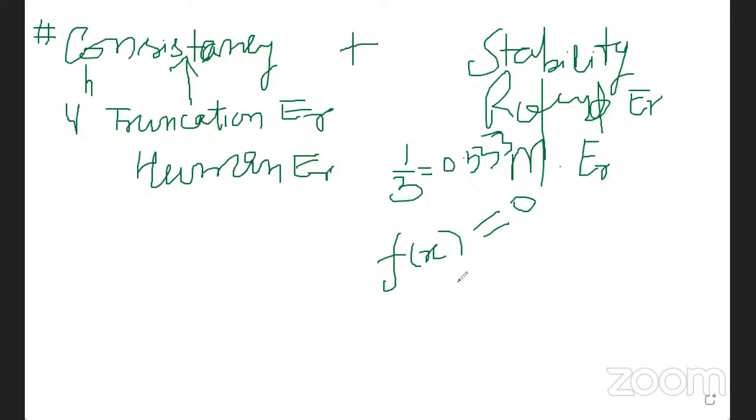Then we get a sequence of approximations x_i, and x_i is given by the formula x_{i+1} equal to, I have to write x_i many times.